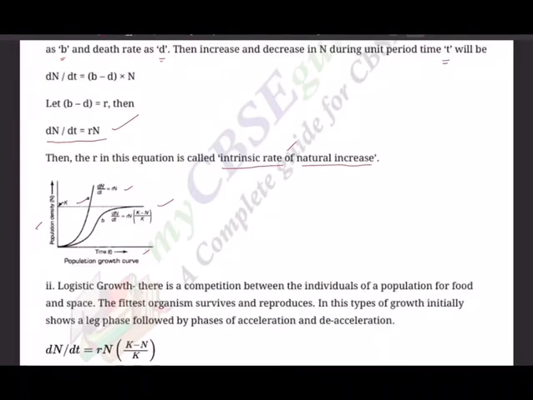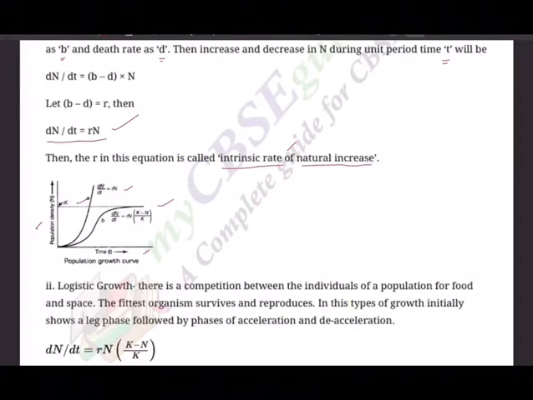Maybe initially all the conditions are favorable in an ecosystem, and utilizing all the favorable conditions, the organisms keep on increasing their numbers. Once they reach certain numbers, there will be intra and inter struggles. These intra and inter struggles will make the populations stay at a constant rate.